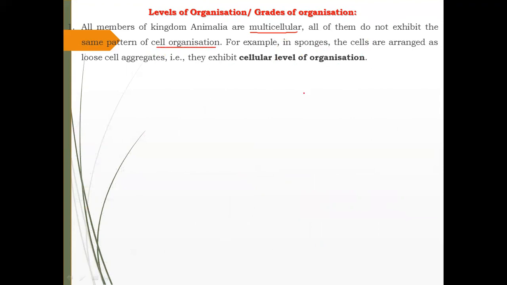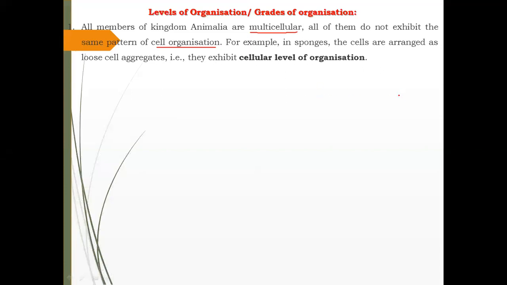Means if you take a number of animals, they never show the same pattern of body or cell organization, means formation of body. For example, in sponge, the cells are arranged as loose cell aggregates, that is, they exhibit cellular level of organization, means only cells are present in sponge.